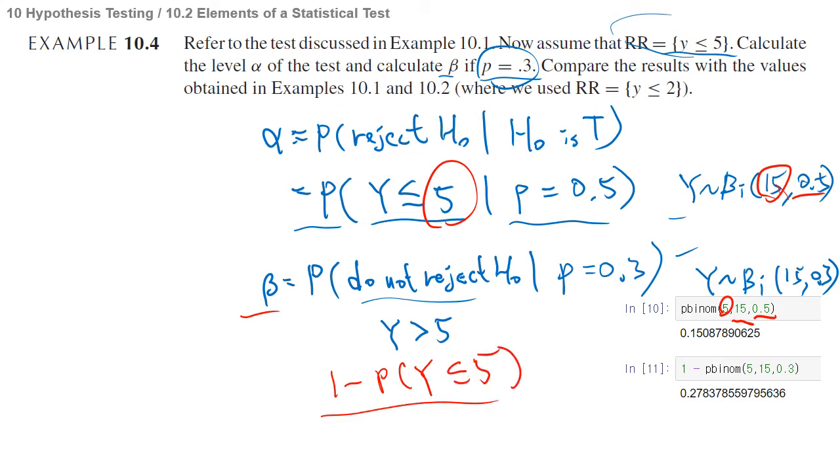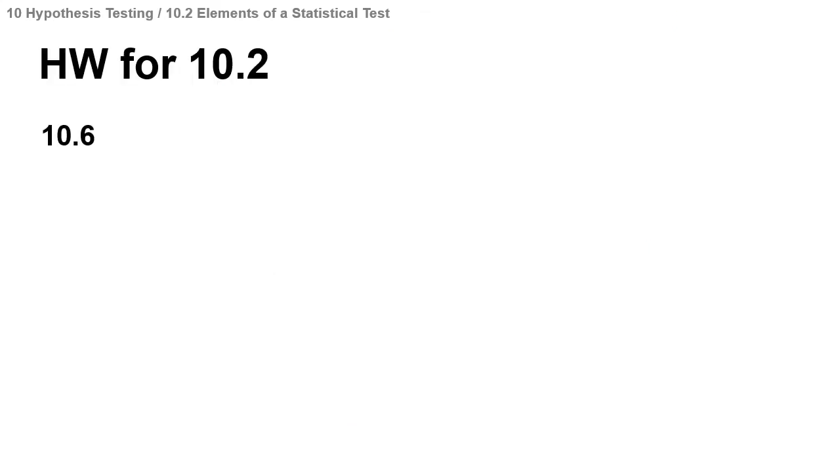And so it is 1 minus pbinom, 5 is here, and we have 15 observations, and the probability in this case is 0.3. So we can calculate our alpha is 0.15, and our beta is 0.278. This is our alpha, and this is our beta. Okay. We have one homework for chapter 10.2.